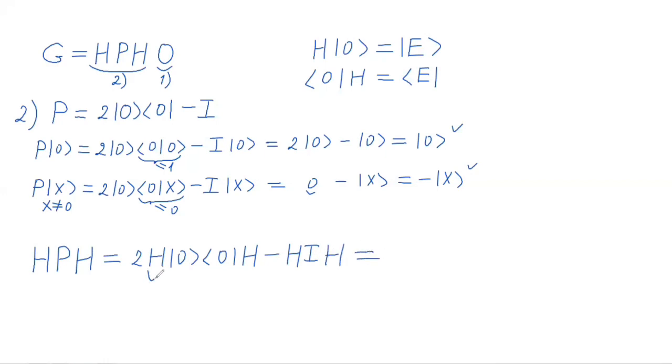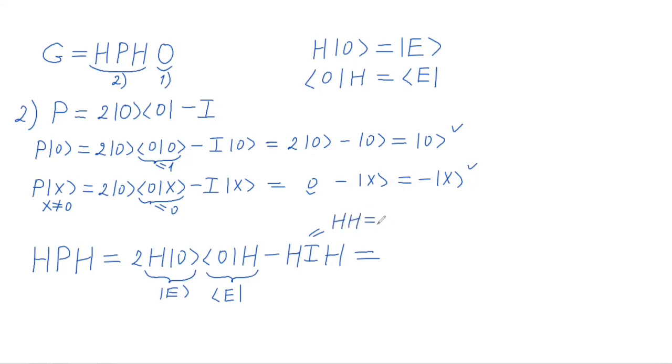So now this part becomes E. This is also E, but the ket version of it. And this is equal to H times H.